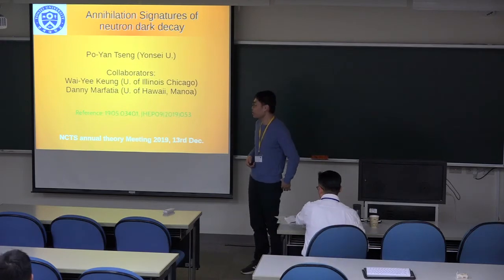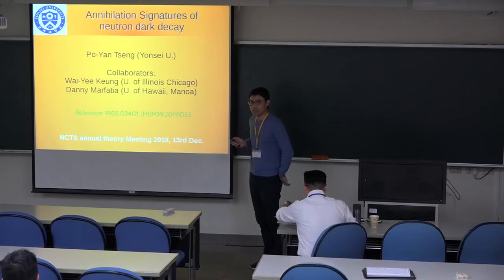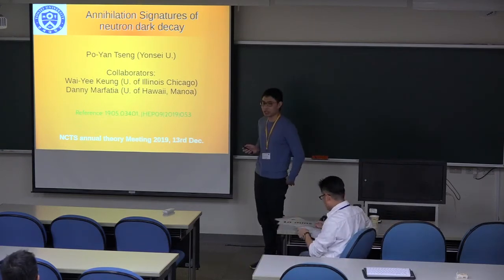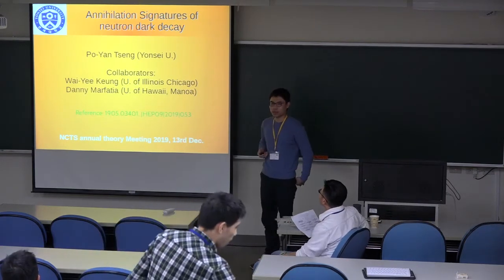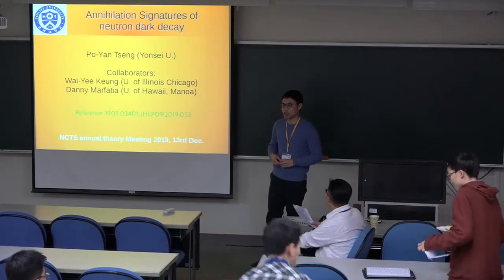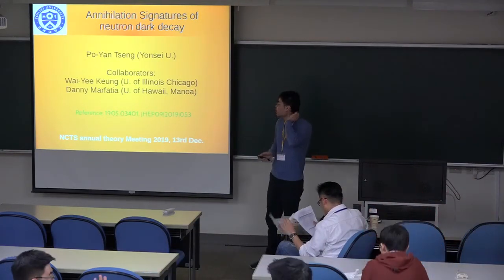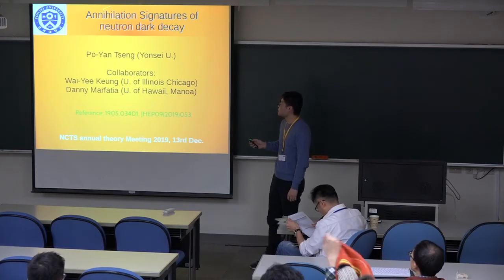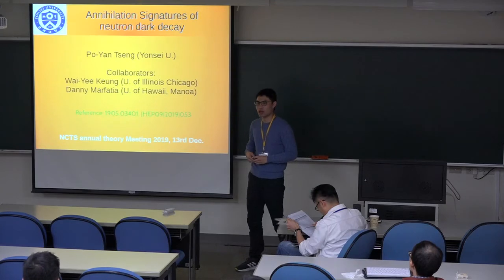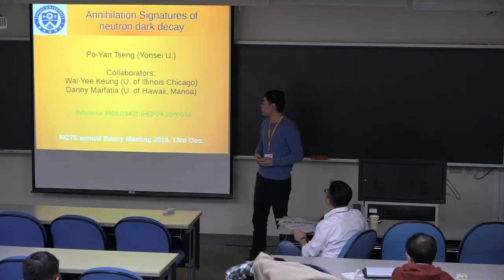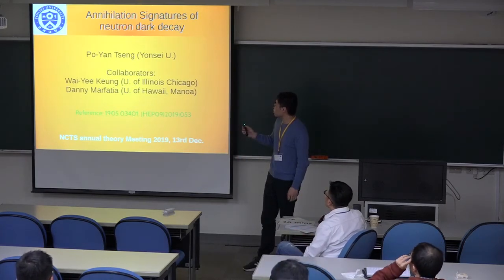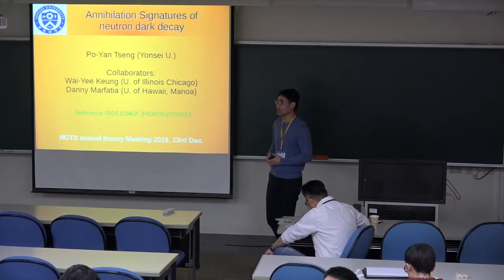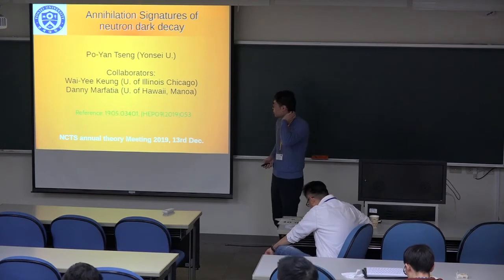Good afternoon, everyone. In this talk, I will talk about some neutron dark decay models, which were originally proposed to explain the neutron lifetime anomaly. I will discuss some signatures from the underground water Cherenkov detector, and we will see which kind of signature is able to search or explore these dark decay models.